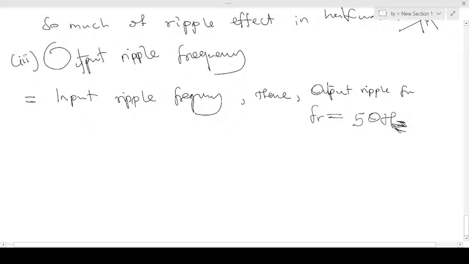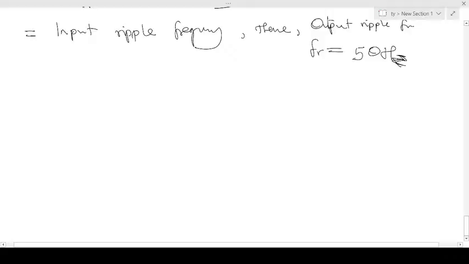Now, from all that we have done, we can tell that our percentage ripple was 314%. That is grossly undesirable. You do not want to have that much ripple in your current. Now, this ripple can be reduced by adding a capacitor across the load resistor.